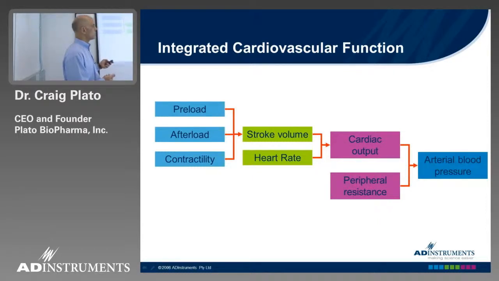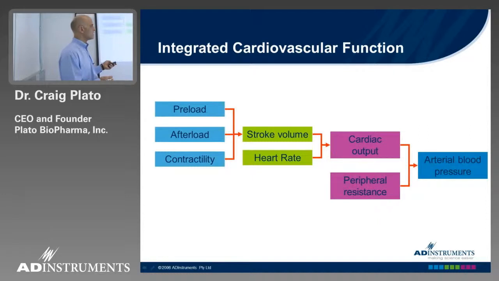And interestingly, when we take the product of cardiac output and total peripheral resistance, we can actually get arterial pressure. Now, this is a very important relationship to be able to understand, because it's going to tell you something about cardiac performance and how the heart will respond to those demands on the system.